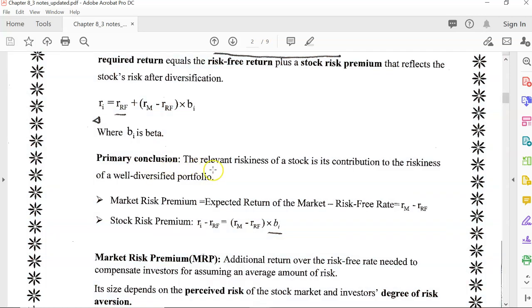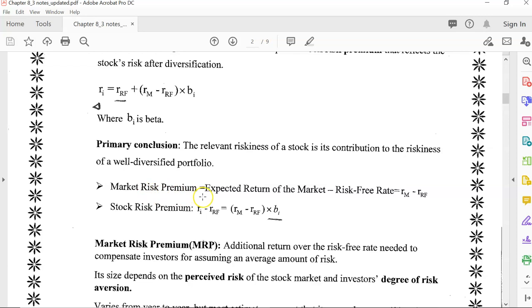Primary conclusion: the relevant riskiness of a stock is its contribution to the riskiness of a well-diversified portfolio. So again, market risk premium is the expected return of the market minus the risk-free rate, RM minus RRF. Stock risk premium has the same structure: RI, the stock return, minus the risk-free rate.